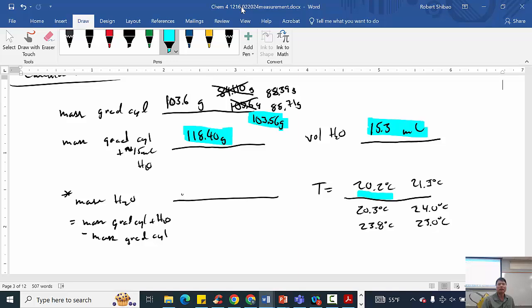What was the mass of water you got? 14.84 grams. So I'm just going to pick student A here. What was the temperature of the water you got? 21 point what? 21.2?